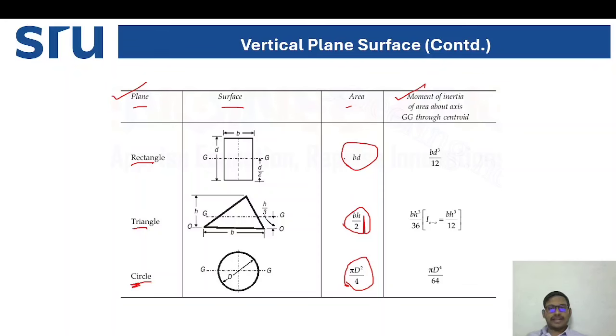Area of a rectangle is b into d, whereas moment of inertia is b d cube by 12. For a triangle, area is b h by 2, whereas moment of inertia about the centroid is b h cube by 36, and about the base is b h cube by 12. And for a circle, area is pi by 4 d square, and moment of inertia is pi by 64 into d power 4.